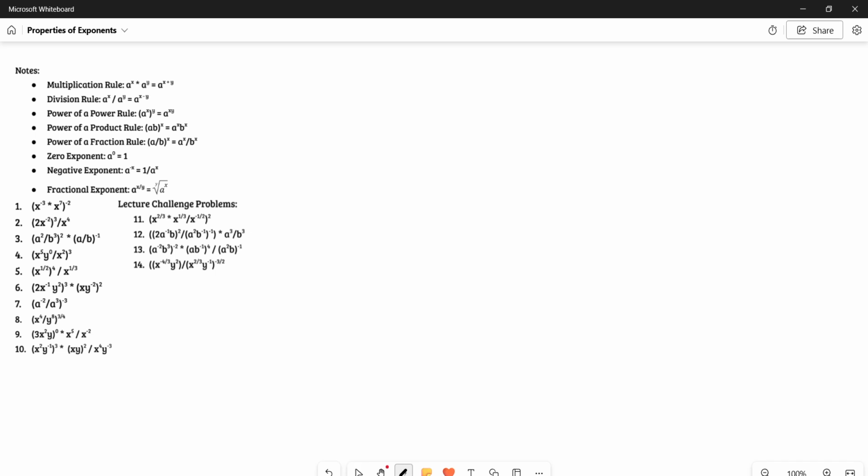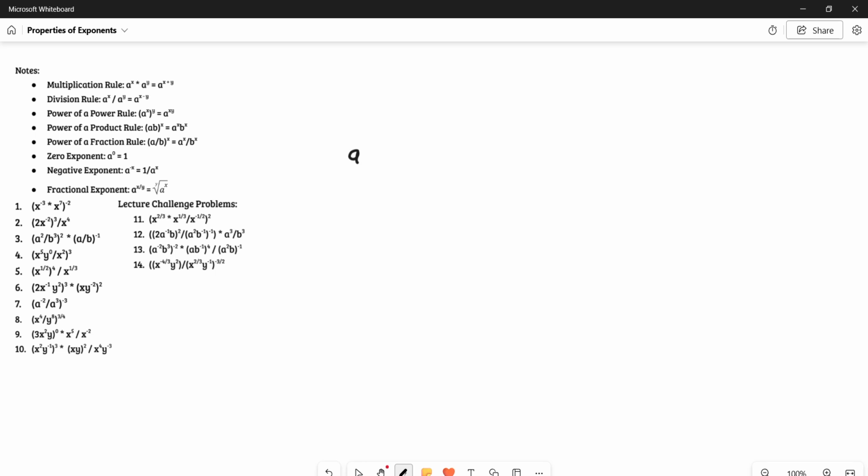For number 6, the zero exponent, if you bring a to the power of 0, which could be anything, this would equal 1. So 1 to the power of 0 is 1, and 3 to the power of 0 is 1. And then for the 7th one, the negative exponent.